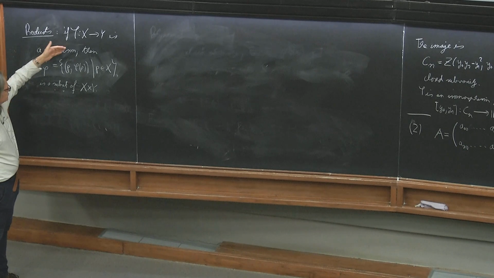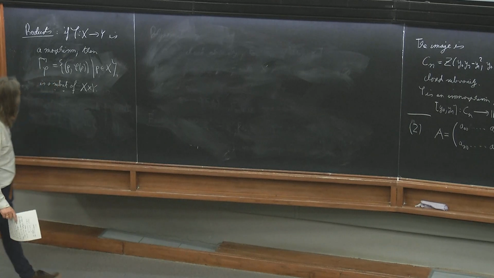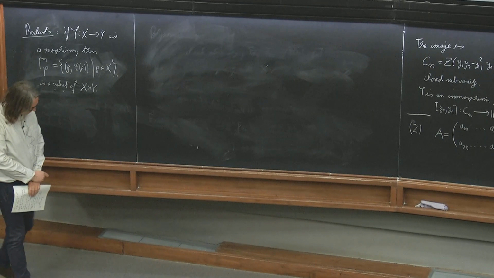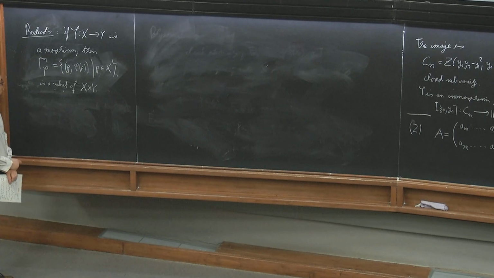We'll find out that under suitable assumptions it will be a subvariety of the product, and then one can study that. And there are also other things that you can best do with the product. So you want to be able to talk about the product of varieties. Some properties of morphisms or also of varieties can best be expressed in terms of products.